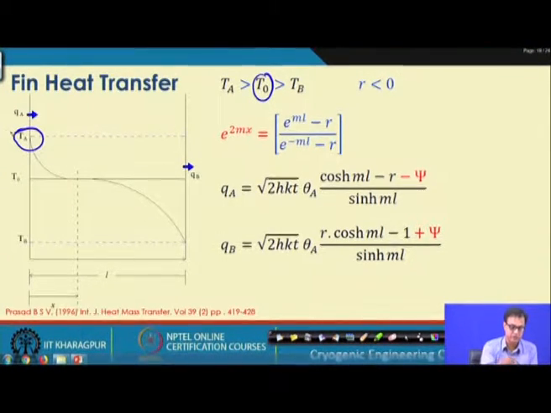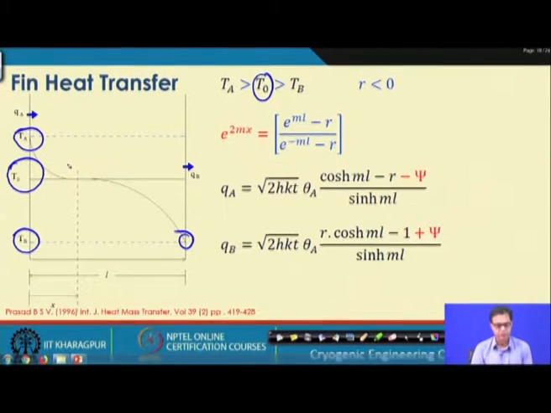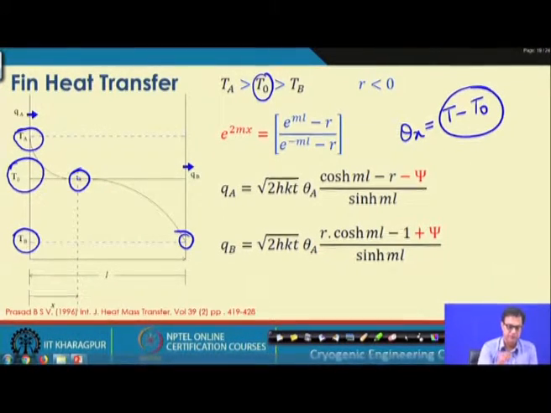So, here this is T A, this plate is at a temperature T B corresponding to this one, and the fluid temperature is intermediate to T A and T B. So, if T 0 is in the middle of T A and T B, we will find some position where this temperature difference, theta x, which was T minus T 0, will vanish at some intermediate point, and that will be equal to 0.